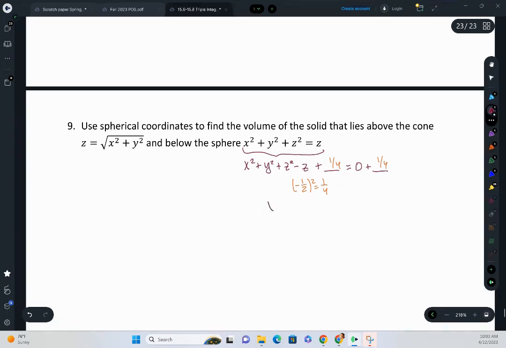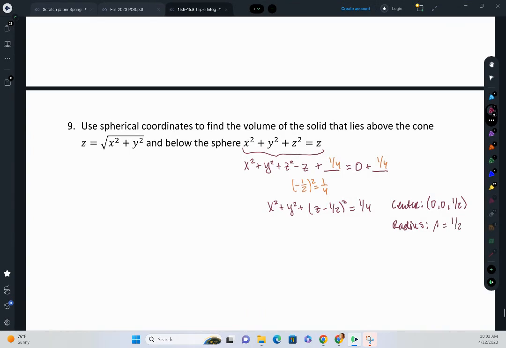That means the equation of my sphere is x squared plus y squared plus (z minus a half) squared is equal to a 1/4. Okay, so this tells me my center is at (0, 0, 1/2), and the radius is rho equals 1/2.